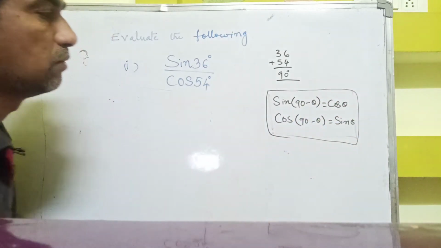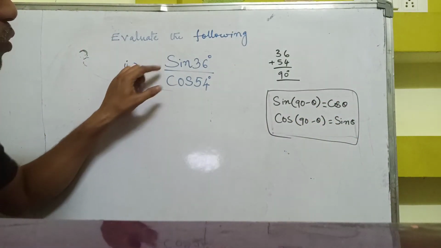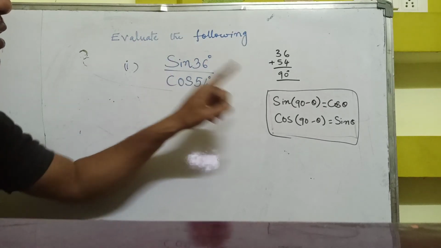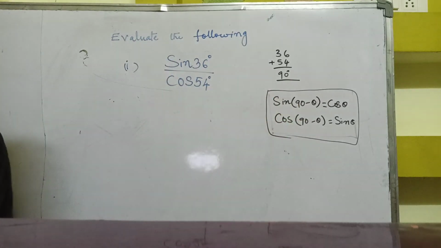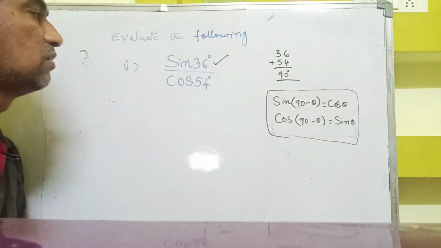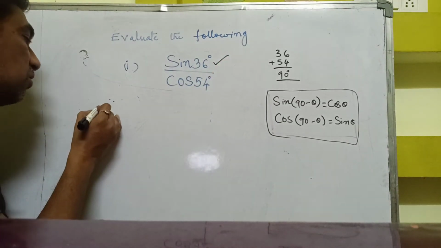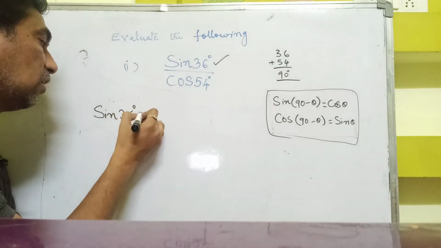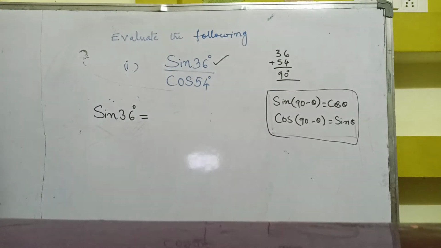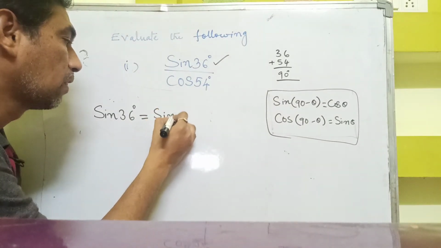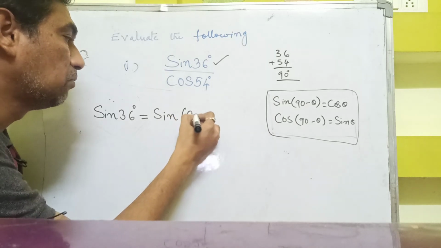We can apply here. From these two, for either the numerator or the denominator, you have to write its complementary value. Let's see what I'll change. Here, sine 36 degrees. In this place, instead of 36, can I write sine 90 minus 54?